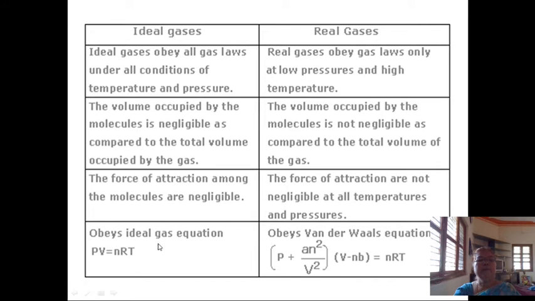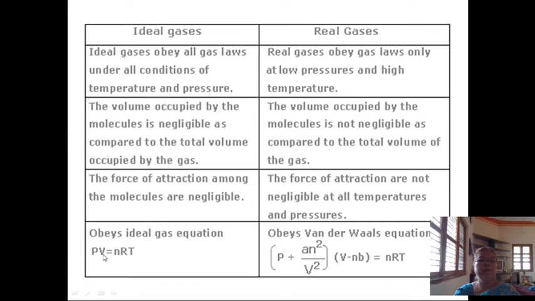Ideal gases obey the ideal gas equation, and all of you know the ideal gas equation is PV equals nRT, where n is the number of moles of the gas, R is the gas constant, T is the temperature, V is the volume of the gas, and P is the pressure.